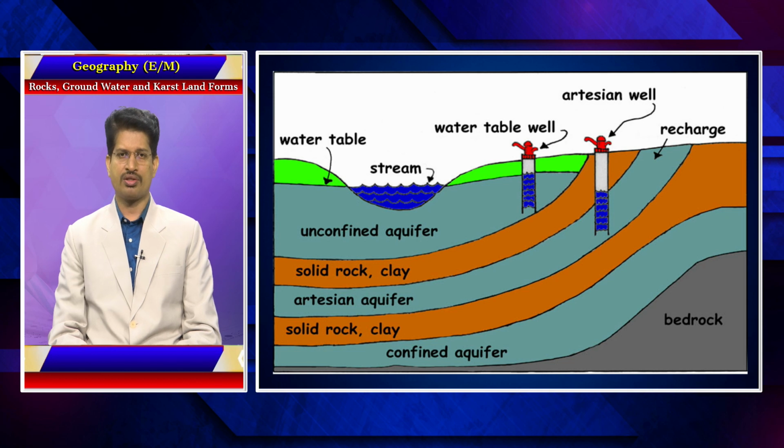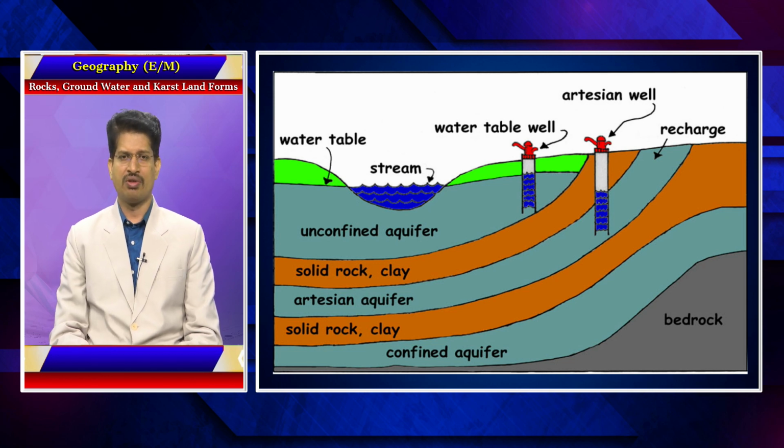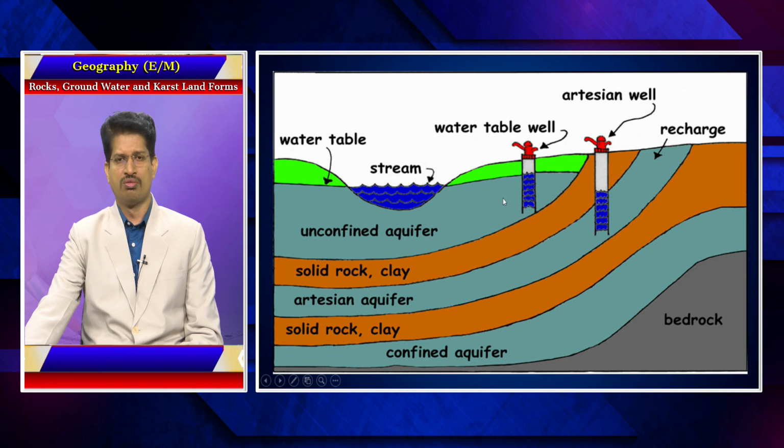To understand what an artesian well is, we have two bore wells here. In the case of an unconfined aquifer, for the extraction of water you need to use certain energy. An electrical motor needs to be used to pump water upwards. But in the case of an artesian well, the source of recharge is elsewhere, much higher in terms of altitude.